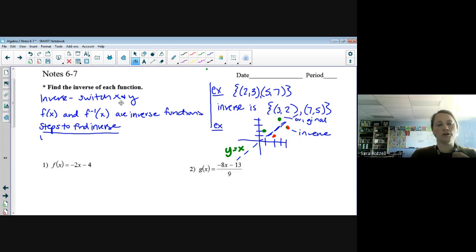Our first step is we're going to do what an inverse is, which means to switch our x and our y. So we're going to switch the x and the y in the problem. And once we've done that, then we'll solve for y. So we swap them, and then we get the y by itself.